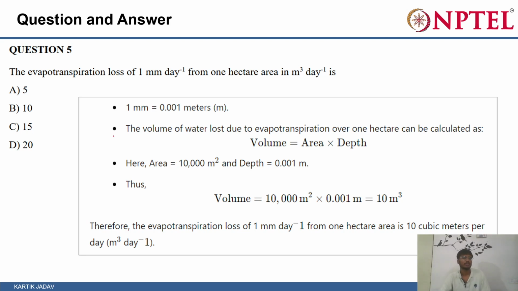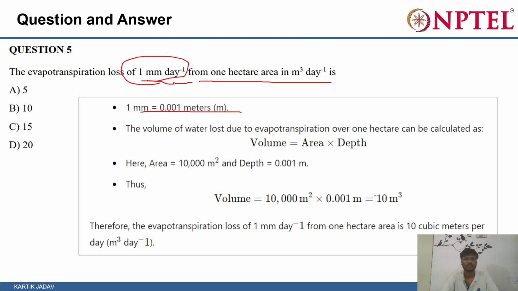Question number 5. The evapotranspiration loss of 1 mm per day from 1 hectare area, in cubic meters, is... So we know that 1 mm is equal to 0.001 meter. The total volume of water lost due to evapotranspiration over 1 hectare is area multiplied by this rate.